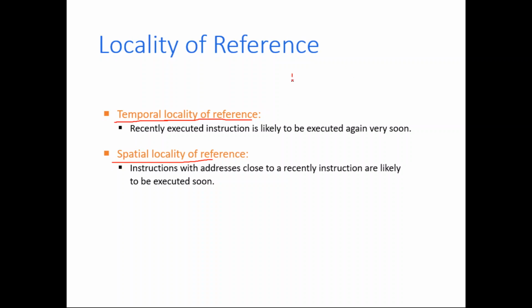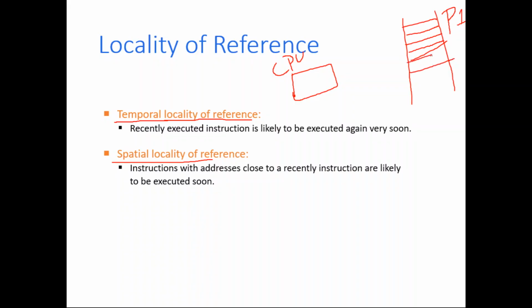Say for example, this is the CPU, and some particular process, say process P1, is in the main memory. Let us assume it contains several words of information.